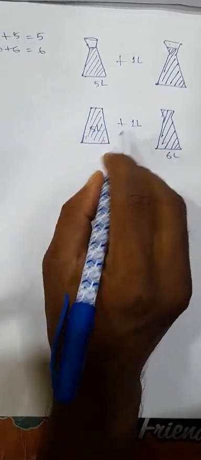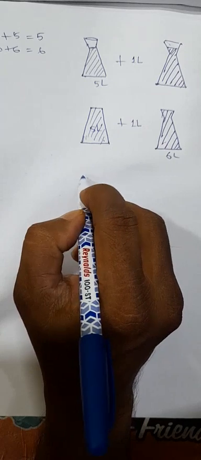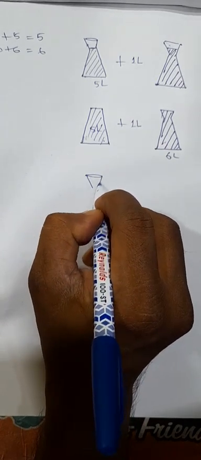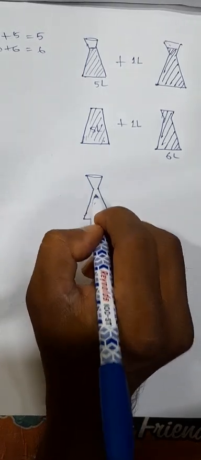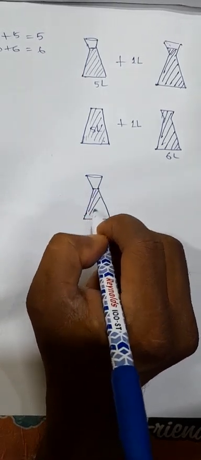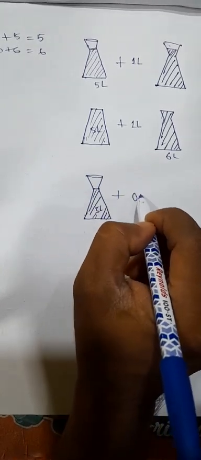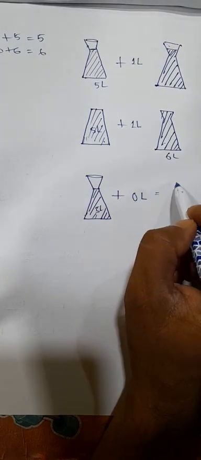Now instead of adding 1 liter, if you add 0 liters of water, so first its water level was up to this 5 liters. Now we add 0 liters of water. So what do you see in the result?